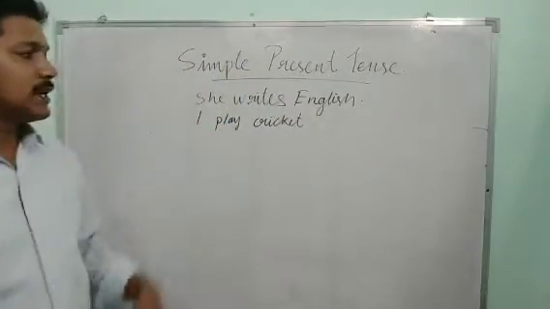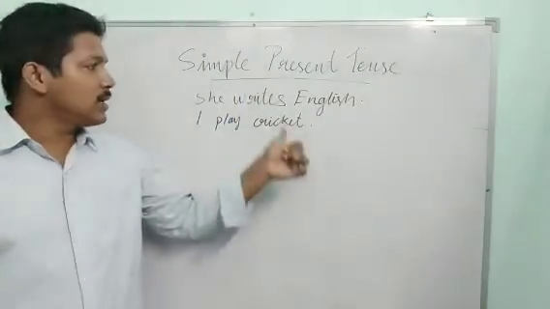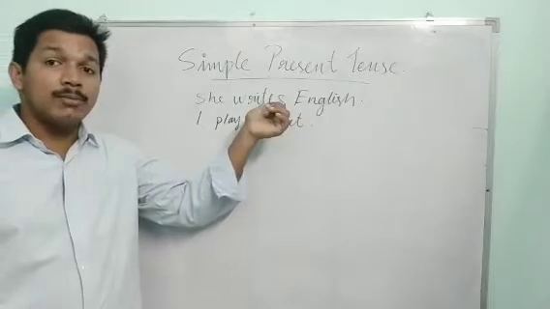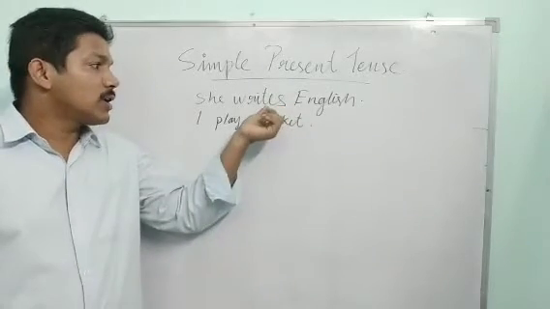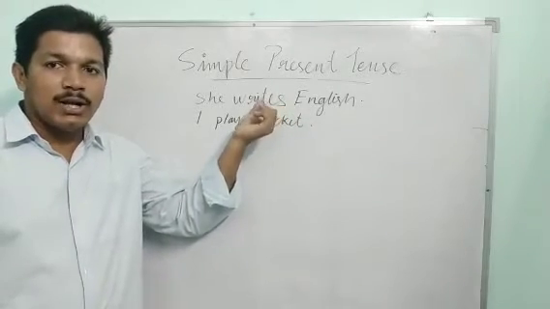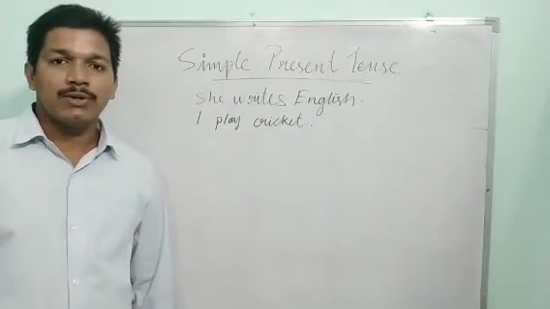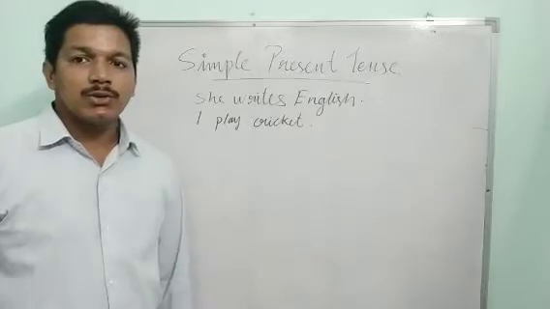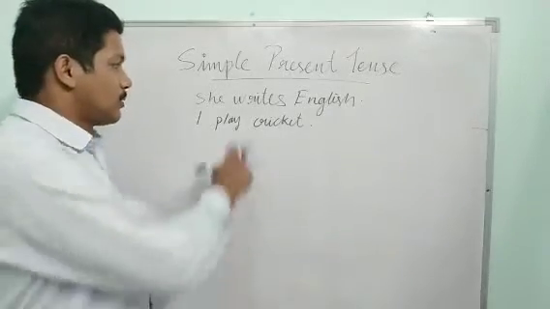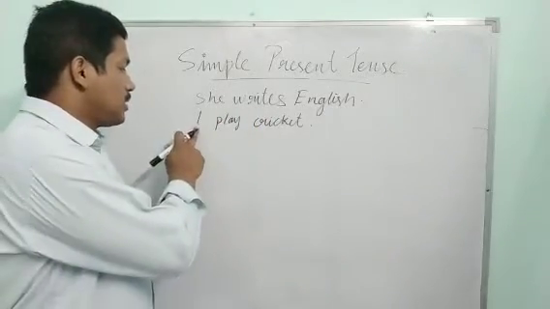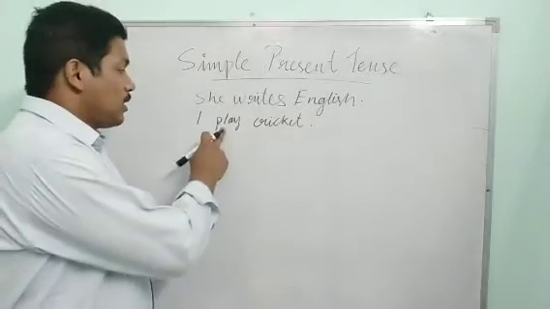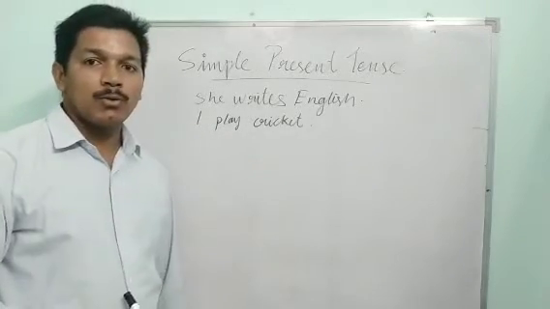These two sentences are there, and you can understand. Here does is added because of writes, where s or es is added with the verb. The does is coming because the subject is he, she, it. If these are the subject, then as I told you, does will be added with the verb. But here the subject is I, so play, the first form of the verb, only is used.